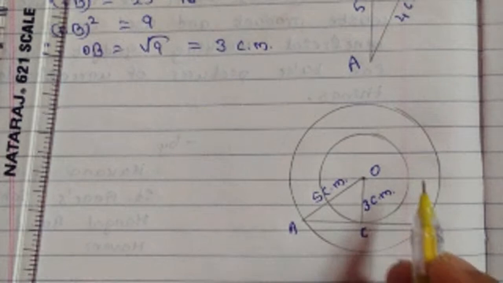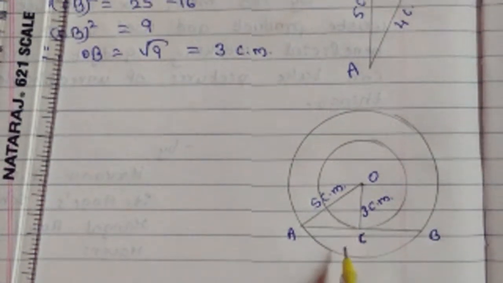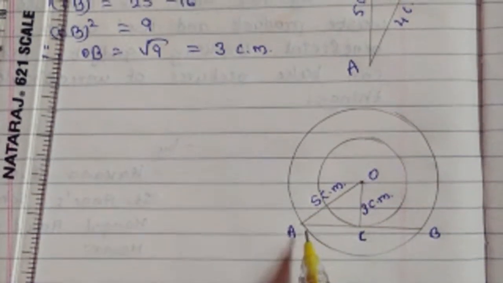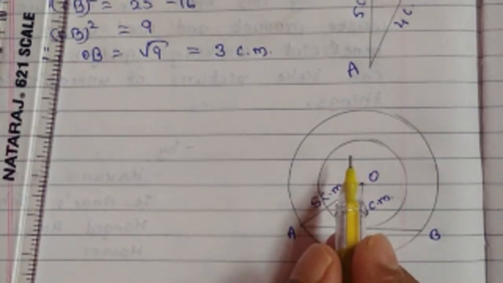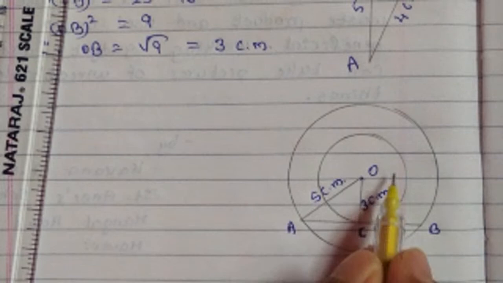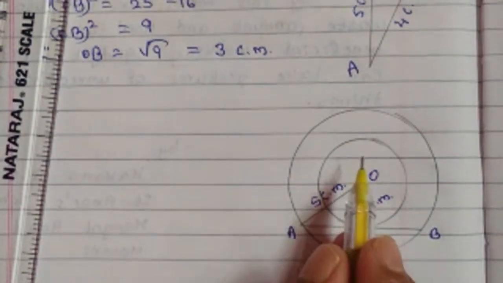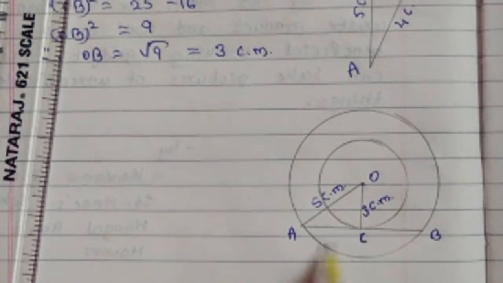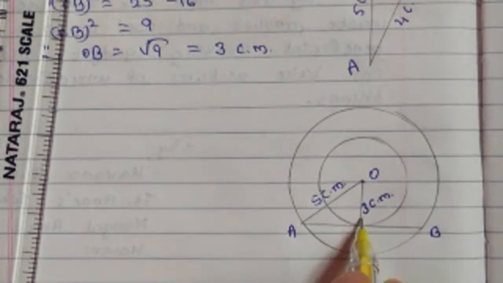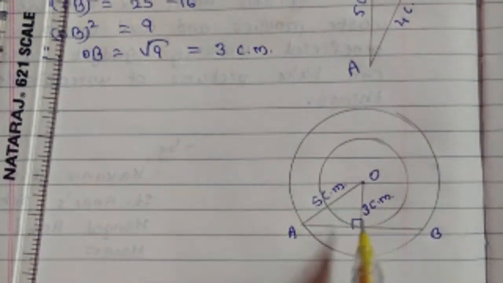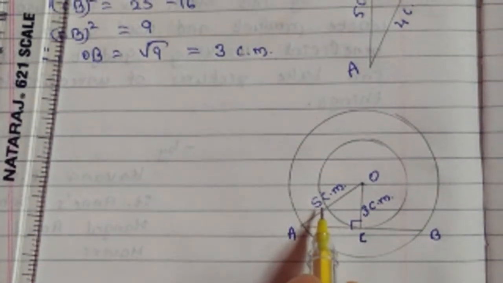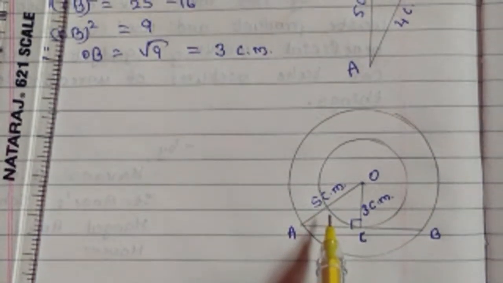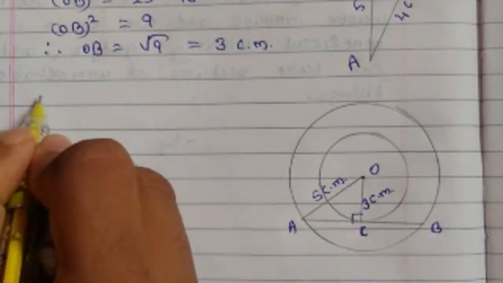We use the same principle: the chord of the bigger circle is tangent to the smaller circle. So OC is perpendicular to AB, and therefore this angle is equal to 90 degrees. Then OA becomes the hypotenuse, so we again use Pythagoras theorem.